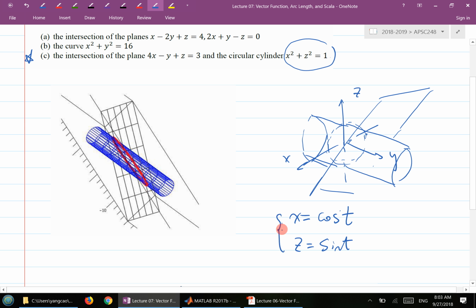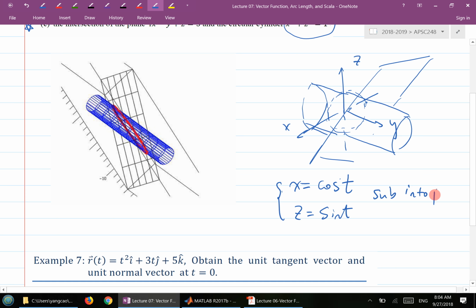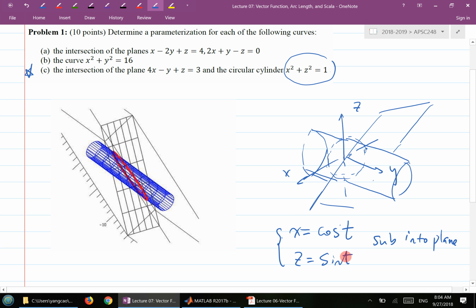Any point on the red curve must satisfy the circle equation and this plane equation. So we simply substitute x and z back into the plane equation: x replaces cosine t, z replaces sine t, so 4 cosine t minus y plus sine t equals 3. Then you solve for y.